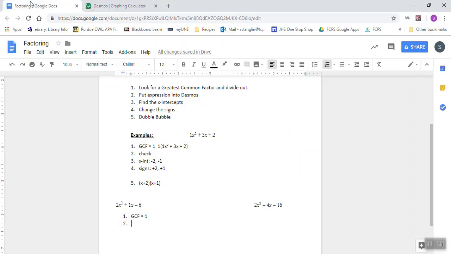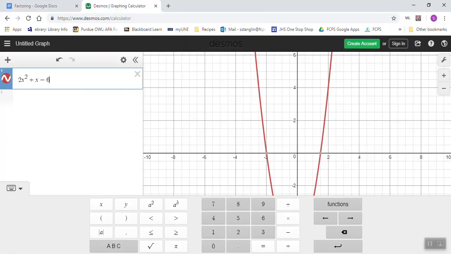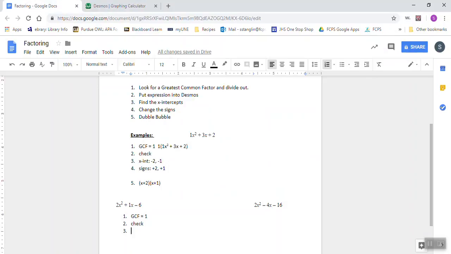Okay, so we did step 2. Step 3 is to find the x-intercepts. So our x-intercepts here are negative 2 and 1.5. Alright, and that's a positive 1.5 because it's on the right side.